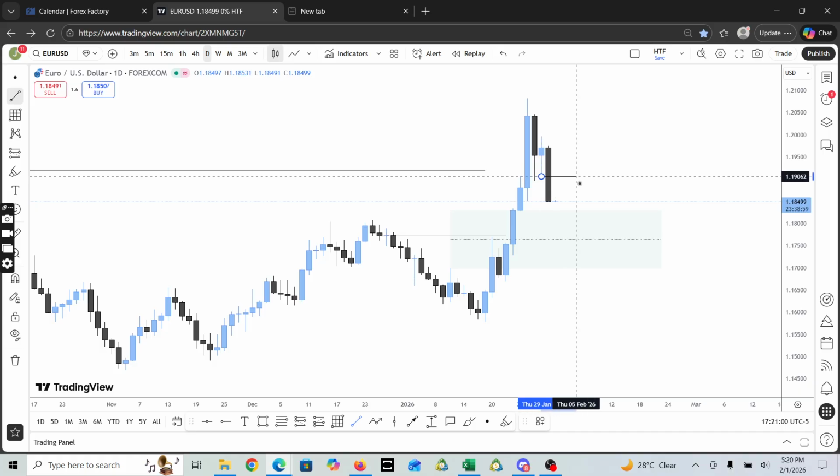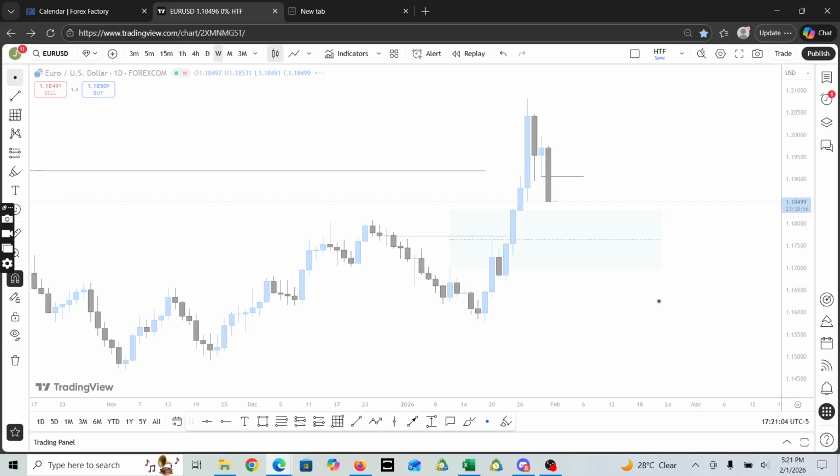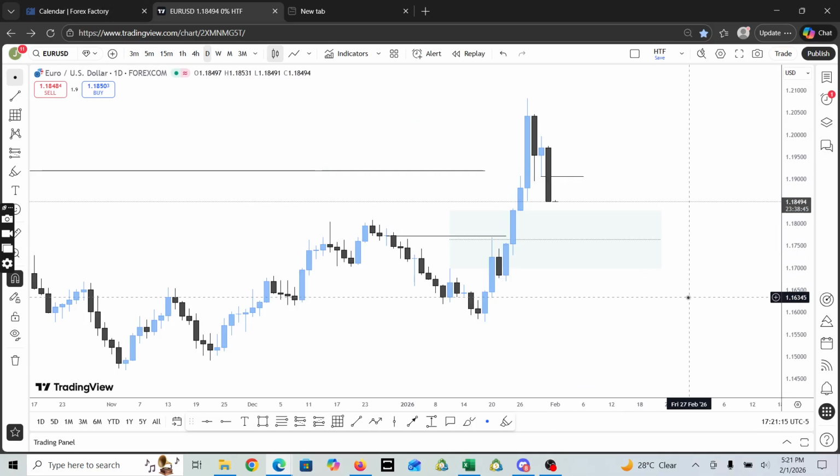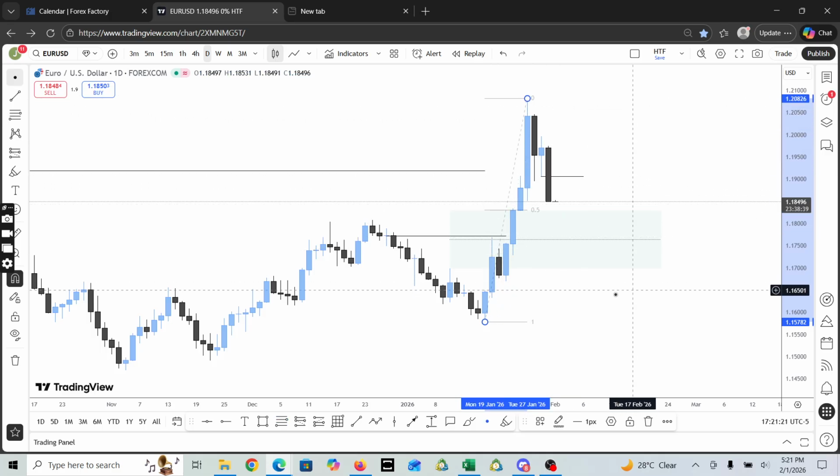In that case, price would be eating up some of the wick I mentioned, right? Part of the wick comes back to recover before perhaps a continuation to the downside, if it will, right? So this is going to be my level. This is the 50% of it.